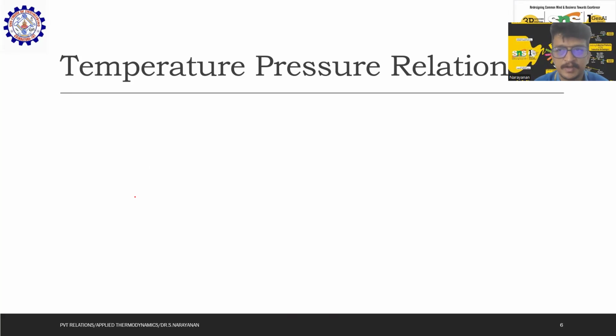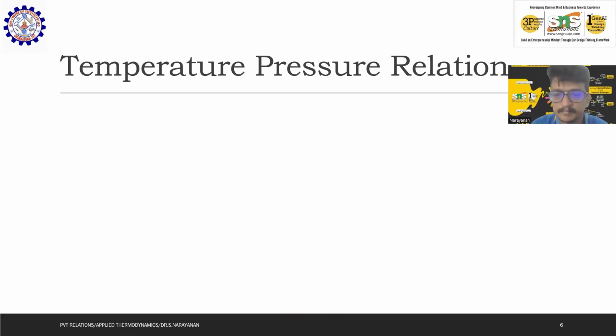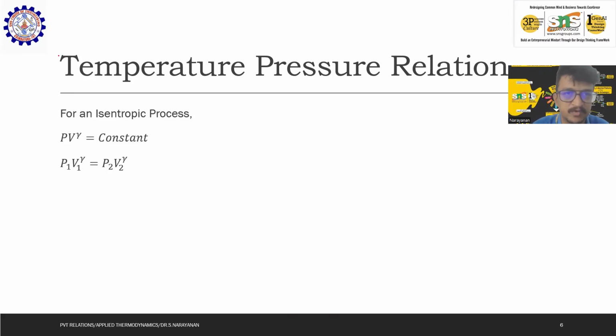Next is the temperature-pressure relation. Again, for an isentropic process, PV^gamma equal to constant, P1 V1^gamma equal to P2 V2^gamma. Now we need the temperature-pressure relation, so we have to replace volume with temperature.